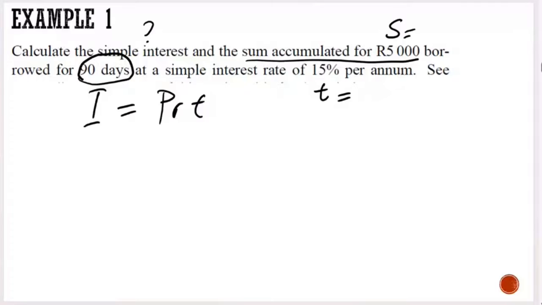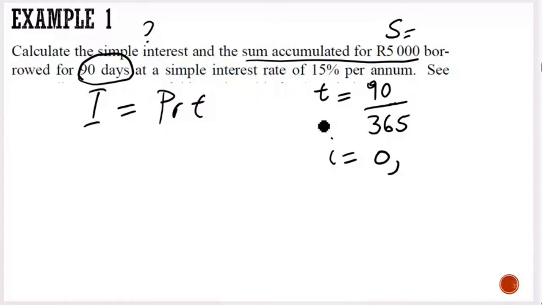You read, you diagnose your question and break it down. So the time is 90 days. Remember we said if it is for shorter periods, if it's days, you are going to have 90 divided by 365 because you are working with days. When it's days, you divide the number of days by 365, and then your interest rate, you are told what your interest rate is, 15%.